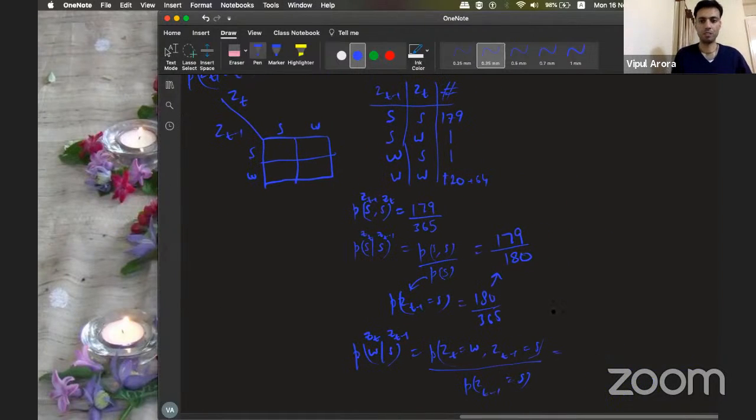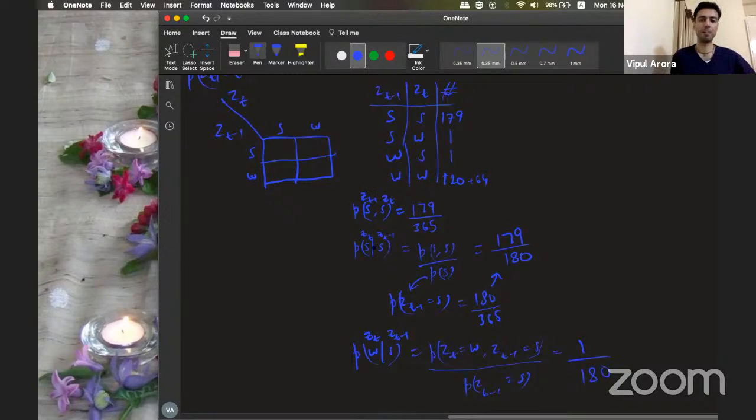So what is ZT? What is the numerator? Somebody saying, no, please tell the numerator. Winter, summer. So this is 1 upon 365. And this is 180 upon 365.